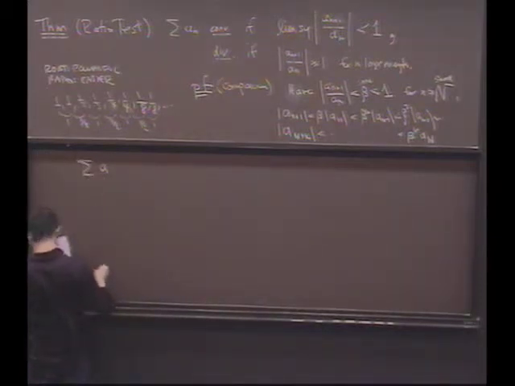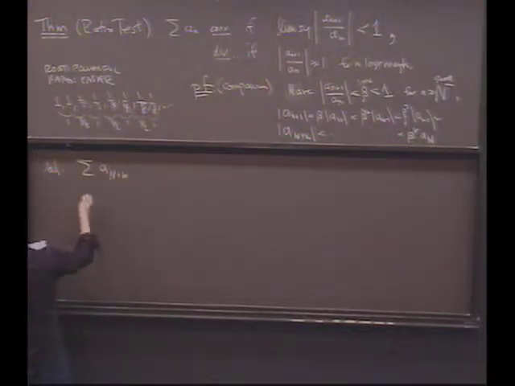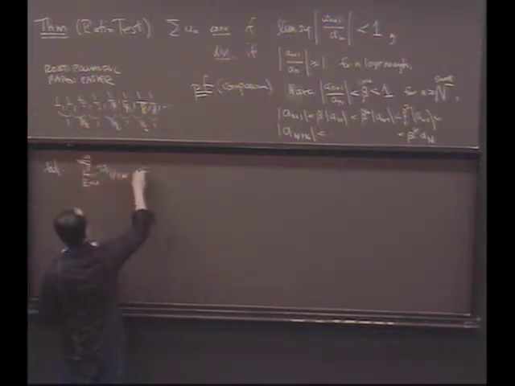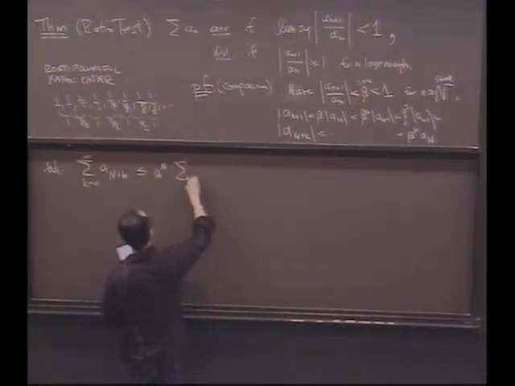Let's see what we'll do here. Let's start at A sub n and look at the tail. So that's how we're using the Cauchy criterion again. K goes from 0 to infinity. This is just A sub n times a certain sum of beta to the k. But this thing converges.